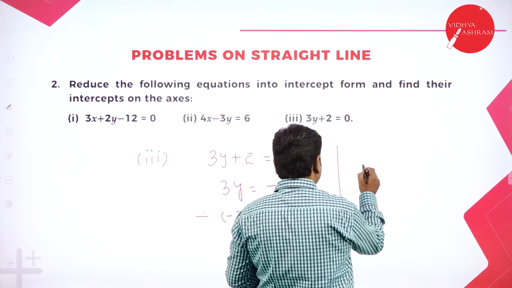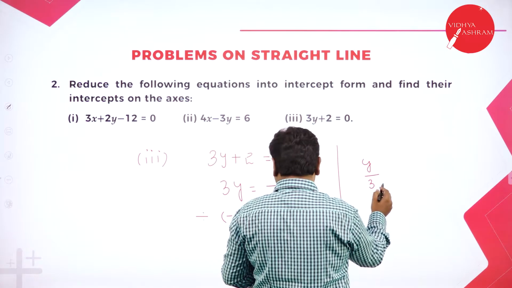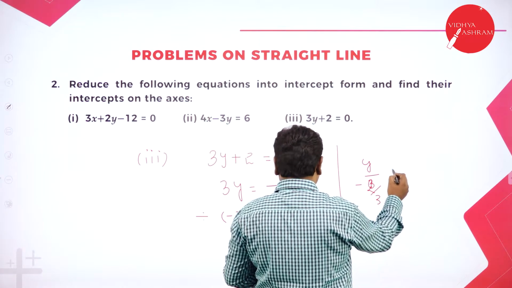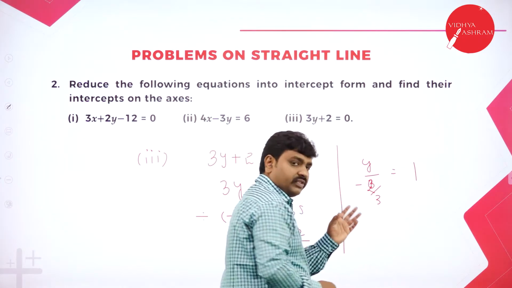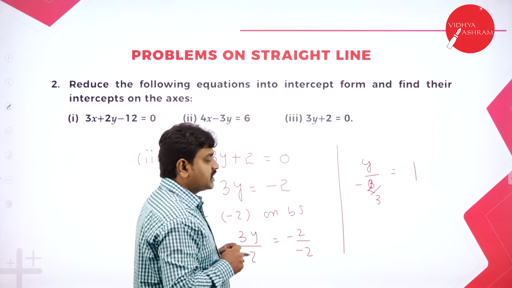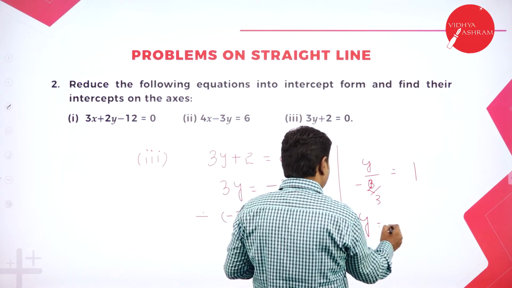Further it will become y by minus 2 by 3 is equal to 1, and we don't have an x term. So the x quotient is 1. Please understand. Or I can also say y is equal to minus 2 by 3.